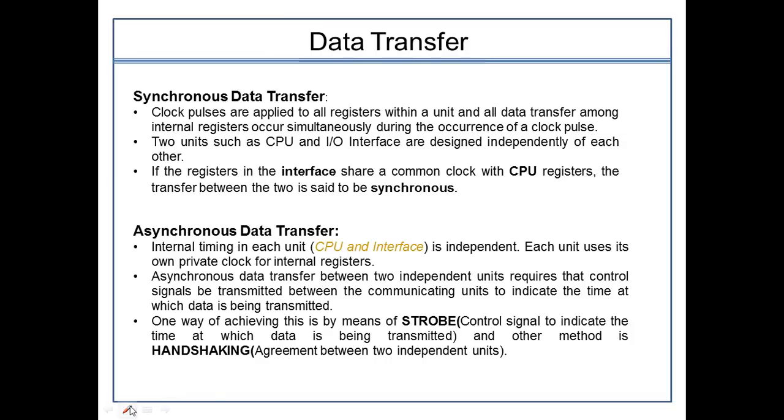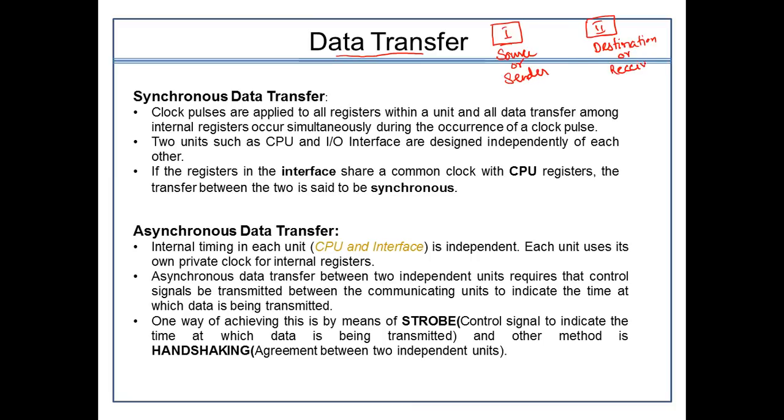Before beginning, the very first topic is understanding what exactly data transfer is. Simply, it means we have two separate units, where one unit is the source and the second unit is the destination, or you can also say one is the sender and the other is the receiver.